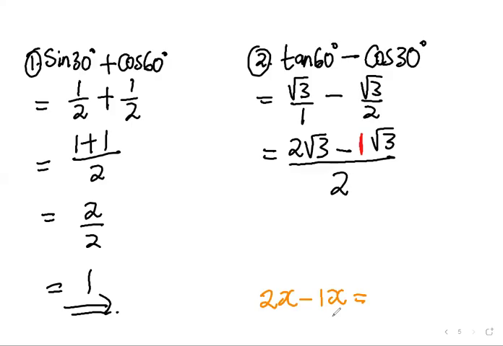It was going to be x, or 1x. Yes, x or 1x. Since now we understand that concept, let me erase this. When I'm having 2 root 3 minus 1 root 3, what's the answer?